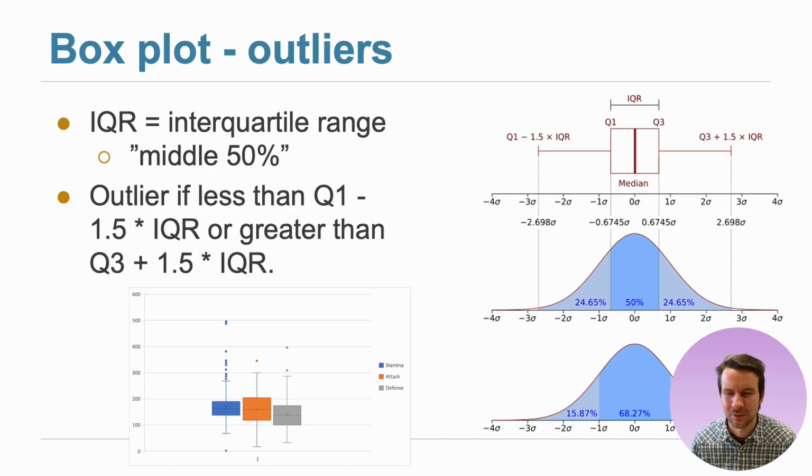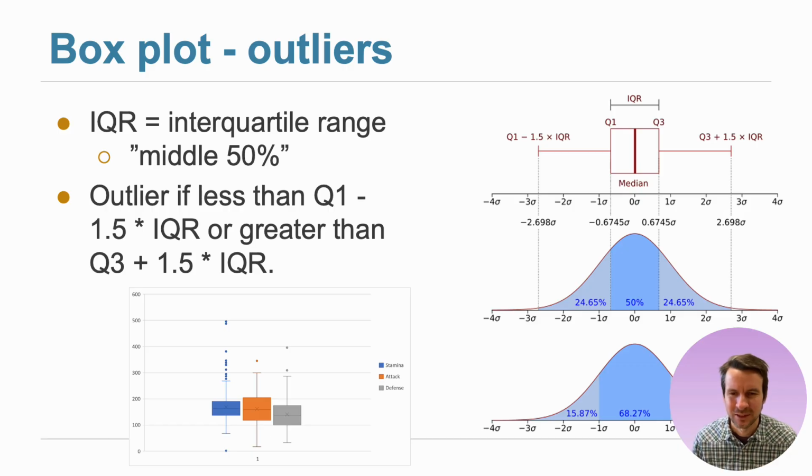And if you add 1.5 times the width of the middle 50%, you get almost everyone that is bigger. This covers almost 100% of all the samples. But not quite, but this is how the box and whiskers diagram is.